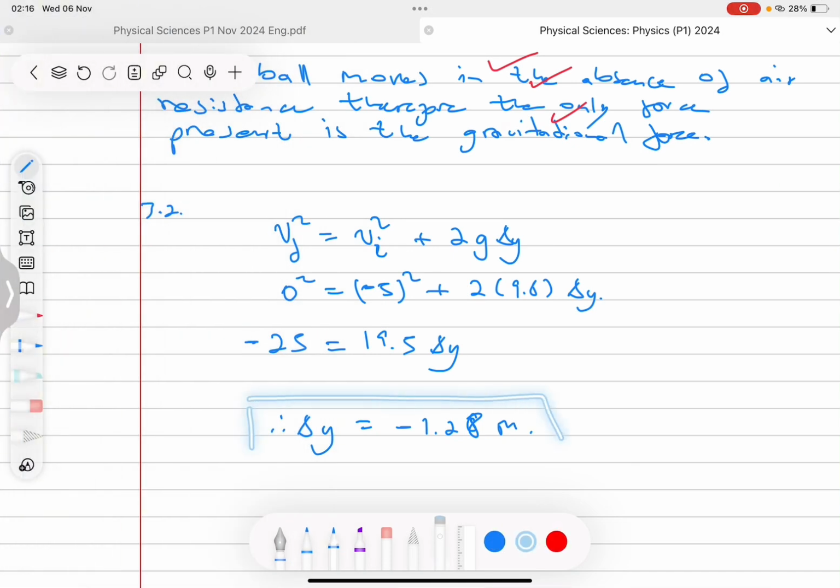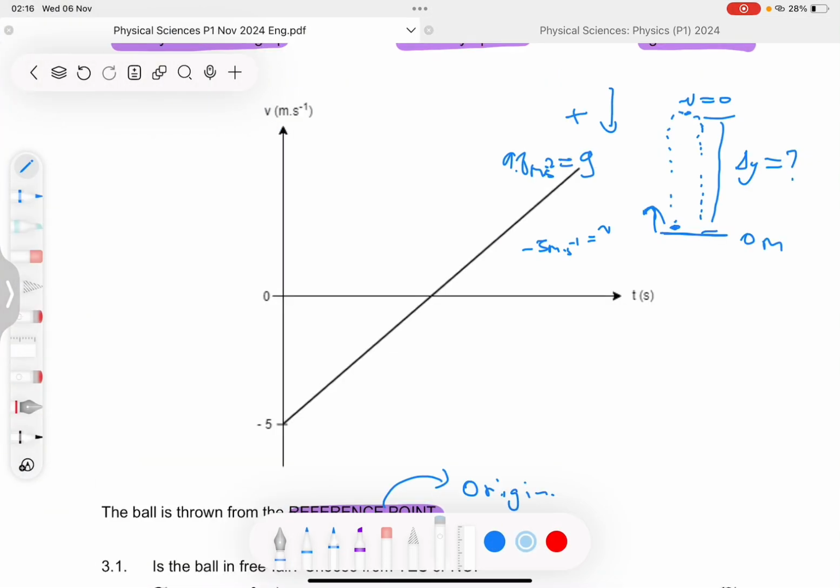Now, what we have found here is the displacement, and displacement, remember, is a vector quantity. So it's telling us that we have a vector that goes from here to here, the change in y being negative 1.28 meters.